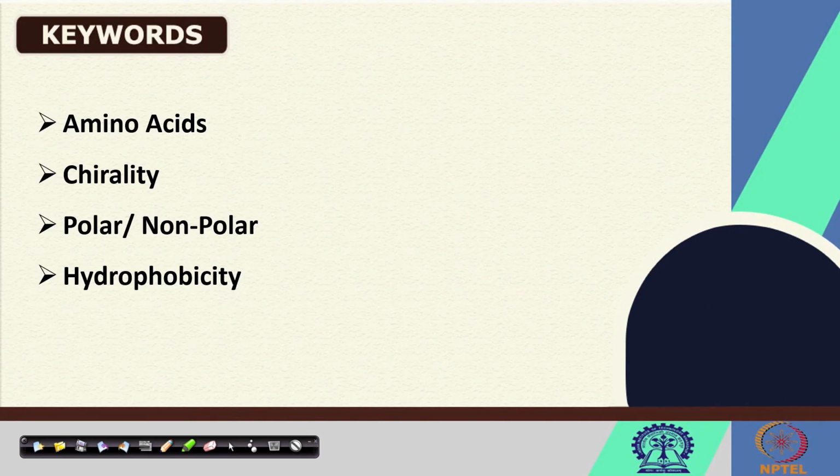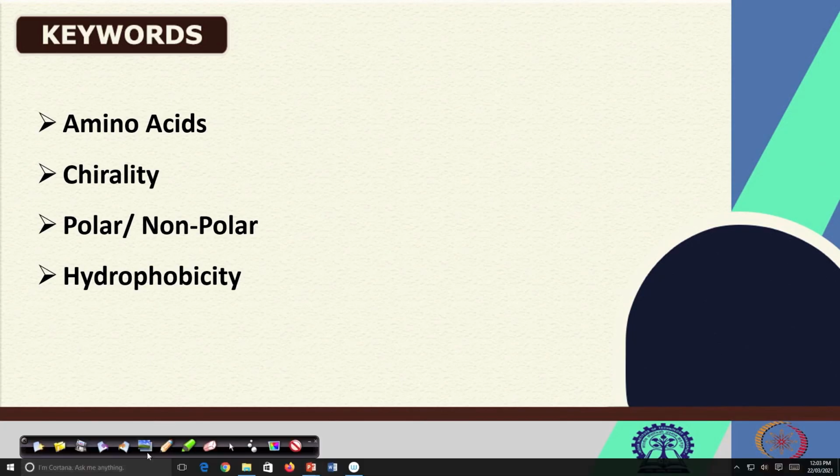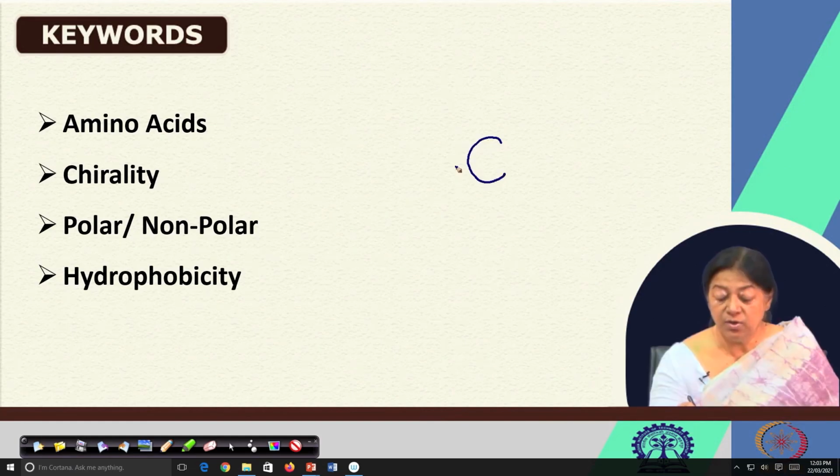For example, if we want to understand what chirality is, we look at a carbon atom that is the basis of all living organisms. So we have a specific carbon atom, and what we want to look at is what are the groups that are attached to this carbon atom.